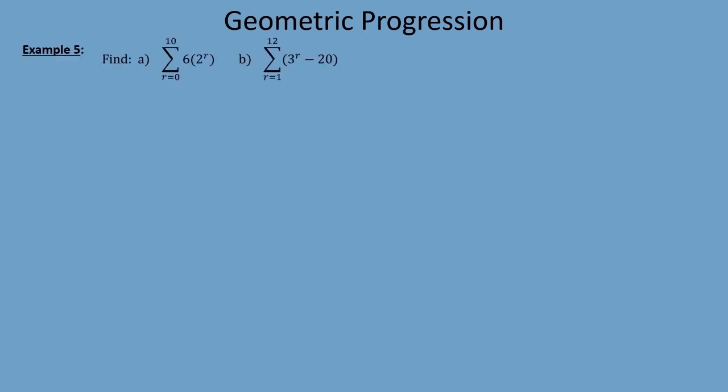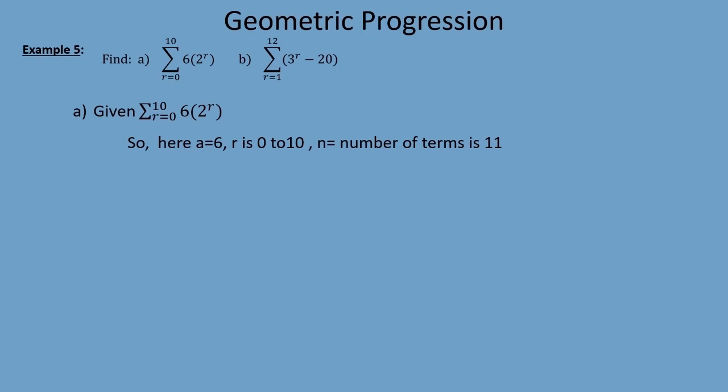Example 5. Find A. Summation of 6 multiplied by 2 to the power r, r is from 0 to 10. B. Summation of 3 to the power r minus 20, r is equal to 1 to 12. Solution. Here a is equal to 6, r is 0 to 10, and n is the number of terms, 0 to 10, that is 11.